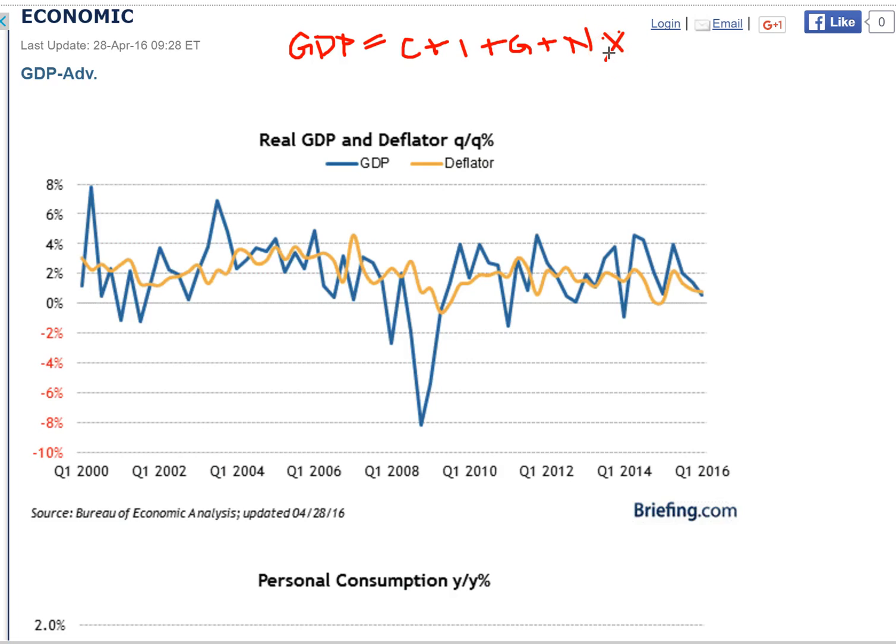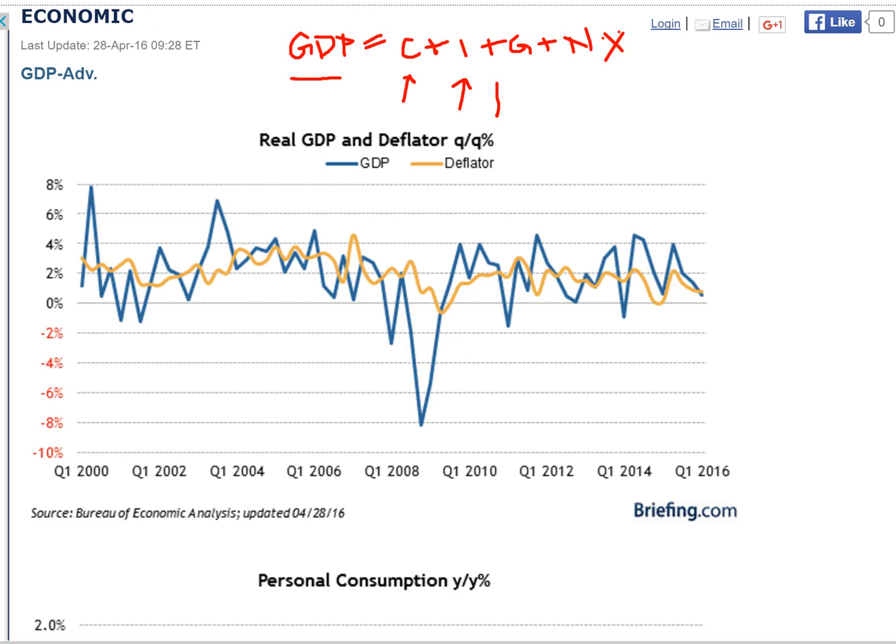Now, this is a measurement of all output, the value of all output. And these are the components of output. In other words, output made for households, output made for businesses, output made for the government, and output made for the foreign sector.